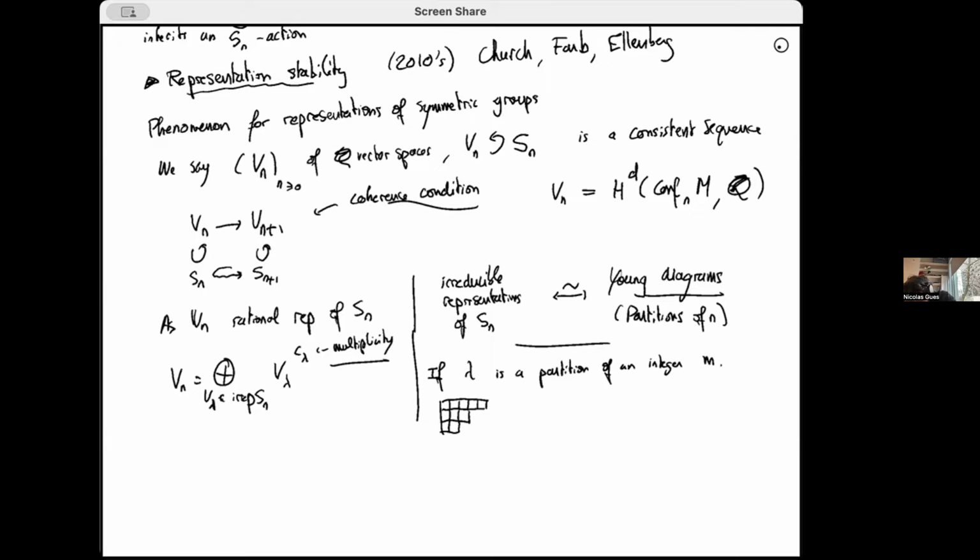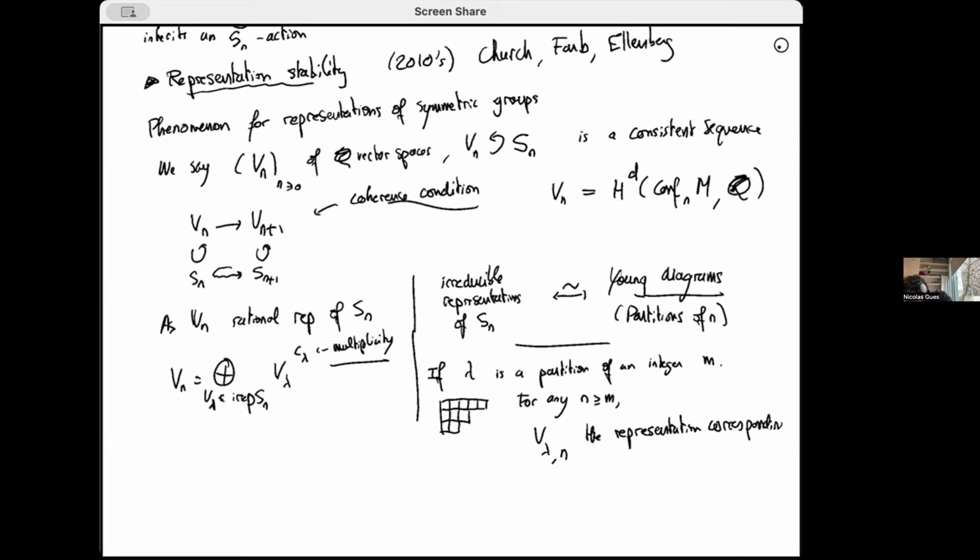And I can call V lambda of n, for any n greater than m, the representation corresponding to it.